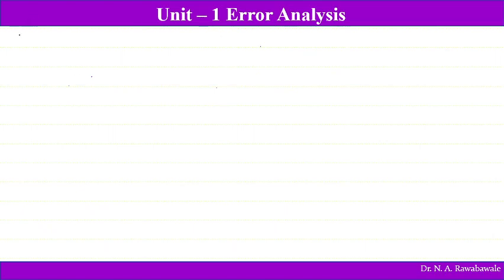So we will just have an example. With this example, we will have a clear idea about what the true error is and what the approximate error is. So here we will have a Maclaurin series.